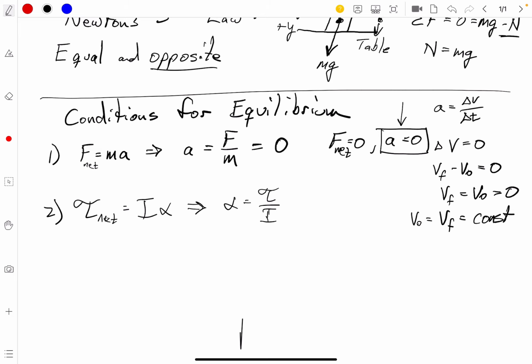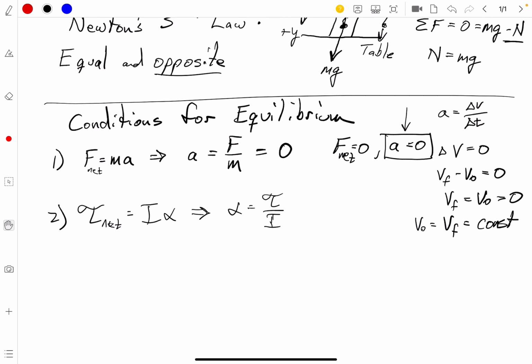The object has to have a moment of inertia because it's an object. So we're going to divide that moment of inertia into our torque, and we have to get 0.